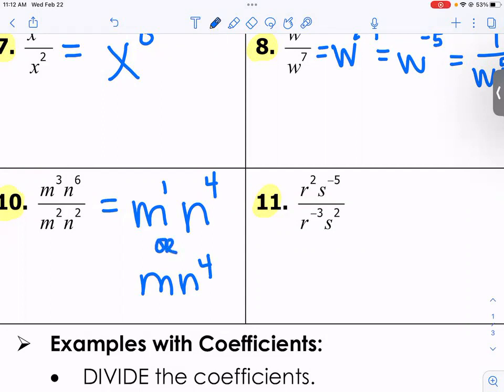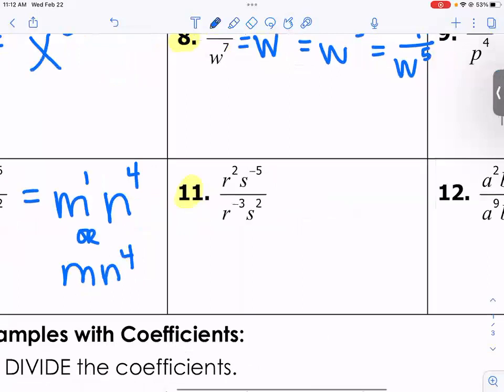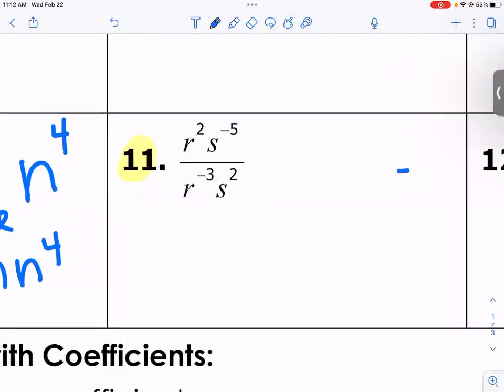Okay. Now, I'm very interested. Number 11 is kind of all over the place. I will say that our group number 1 got the right answer of r to the 5th over s to the 7th. And let's talk about how they got that. When we divide, what do we do with our exponents?